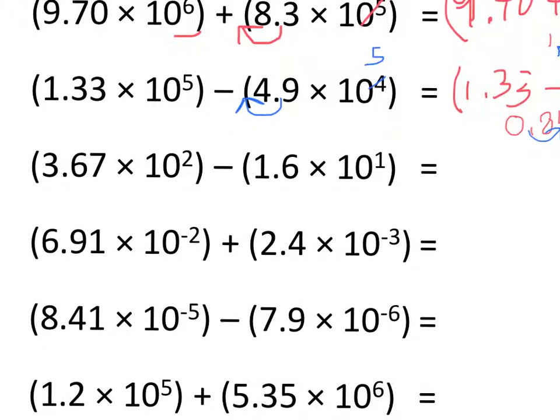Next, we have 3.67 times 10 to the 2 minus 1.6 times 10 to the 1. I want to raise this up to the 2nd power. I do that by moving my decimal point over by 1.